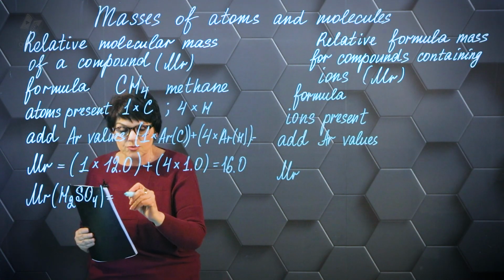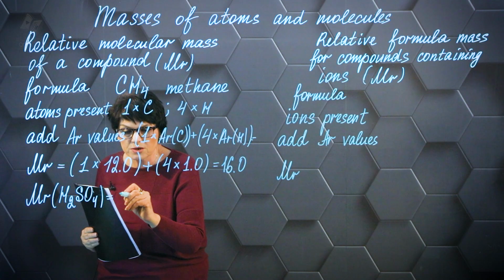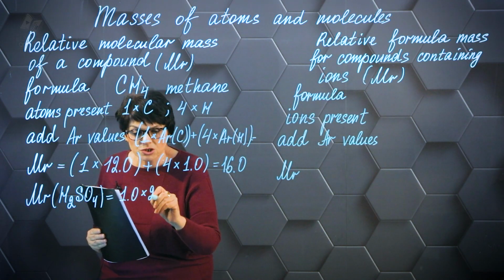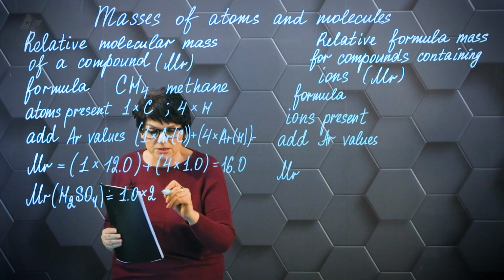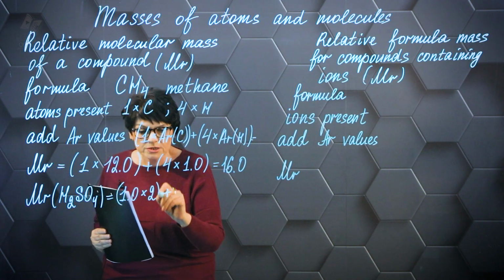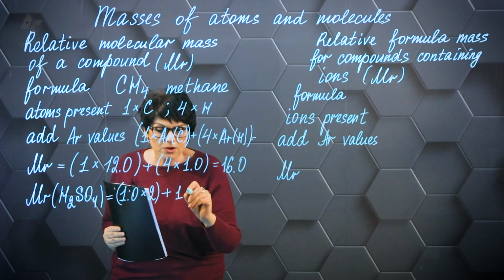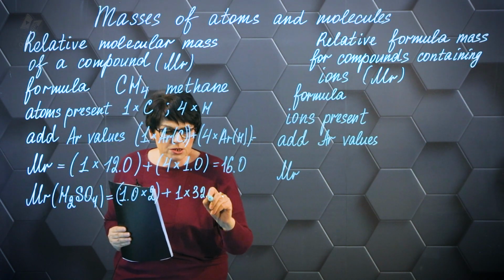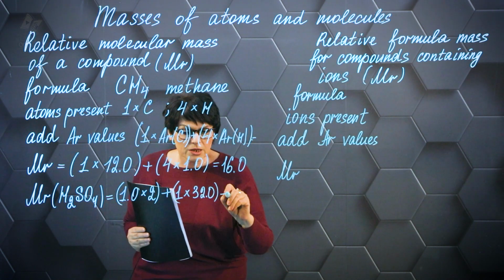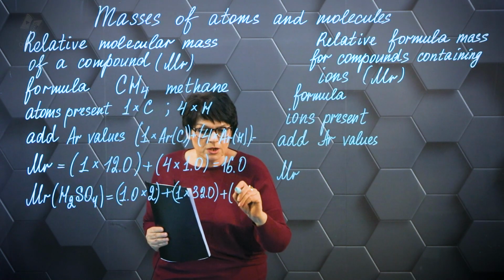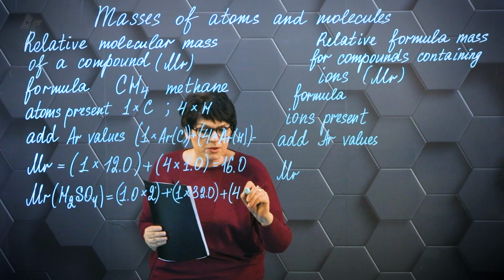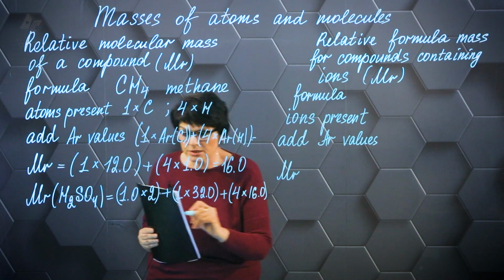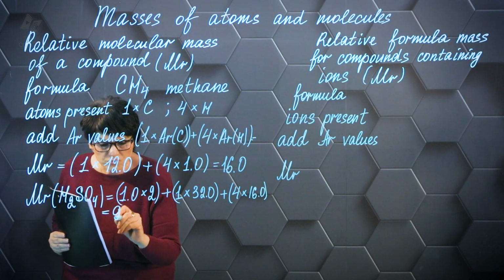We multiply the mass of hydrogen, which is 1, by the number of atoms of this element, 2. Plus we add the mass of 1 sulfur atom, multiplied by its mass, and then we add the mass of 4 atoms of oxygen, multiplied by 16. The result is a mass of 98.